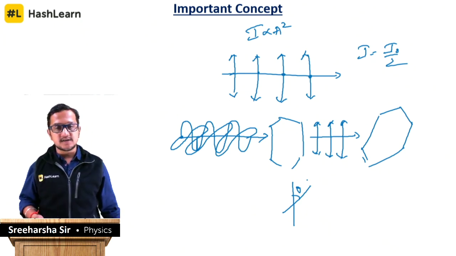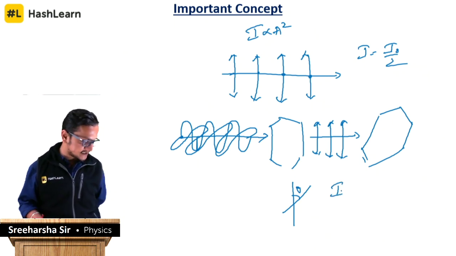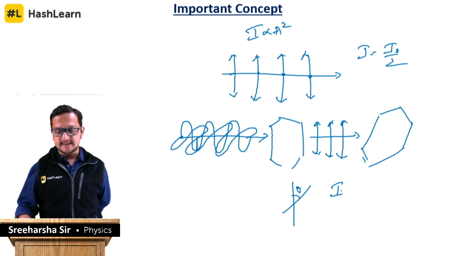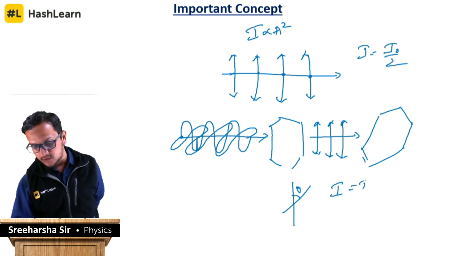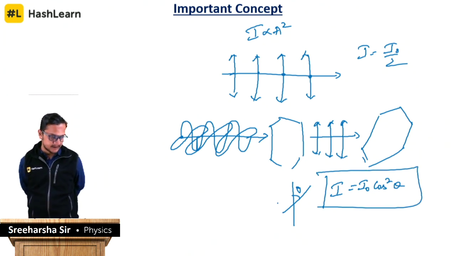Now the intensity obtained after the double polarization, or through any polarization, I is equal to I naught cos squared theta, which is the formula you have to remember.